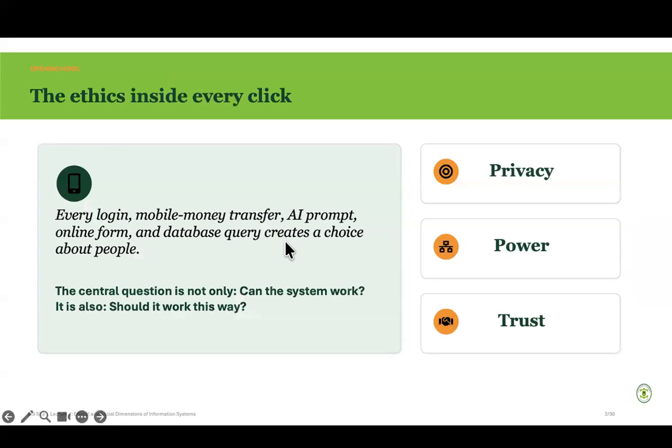For many of us, before we came into the class today, we may have relied on an information system to do one thing or the other, and the system might have collected some data about you. Your phone records your location. WhatsApp may have recorded when you were online.